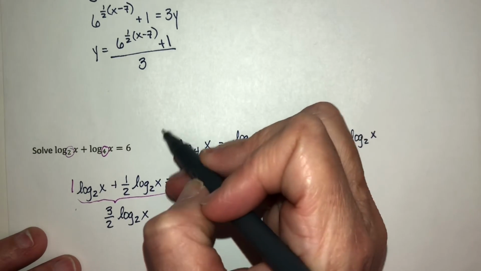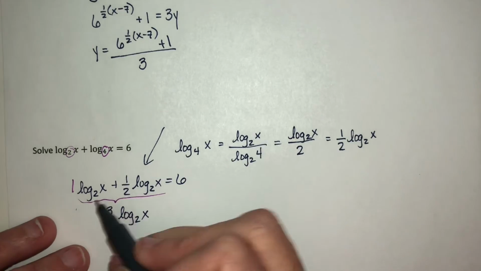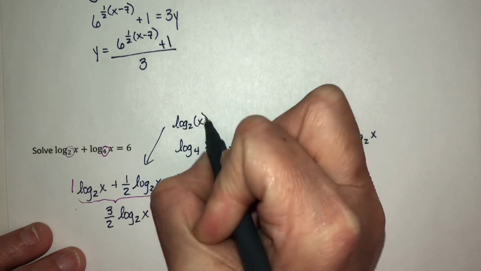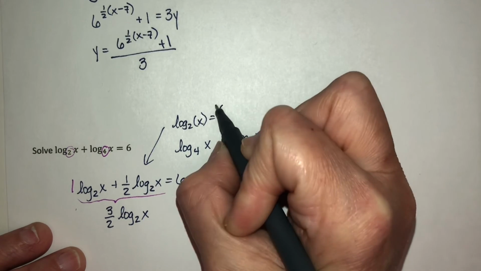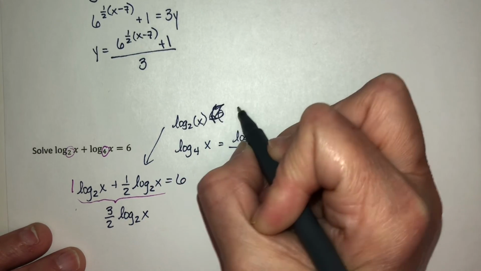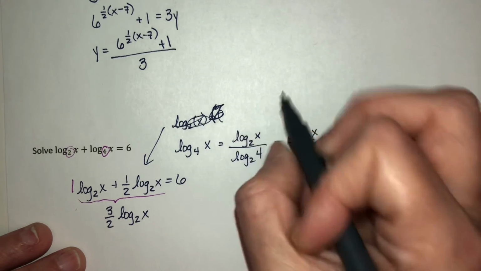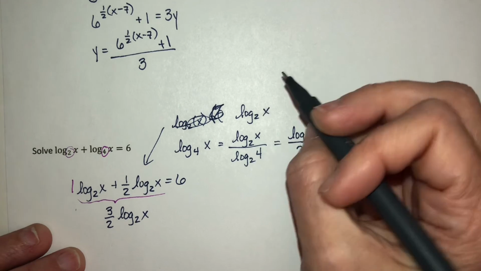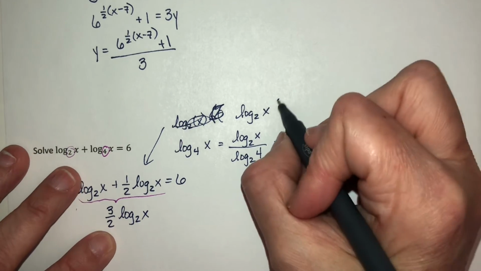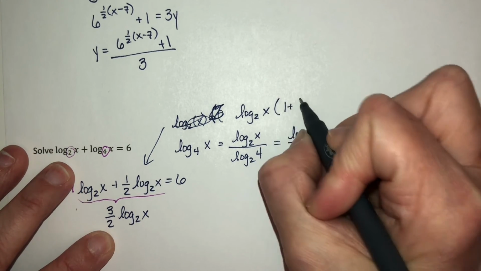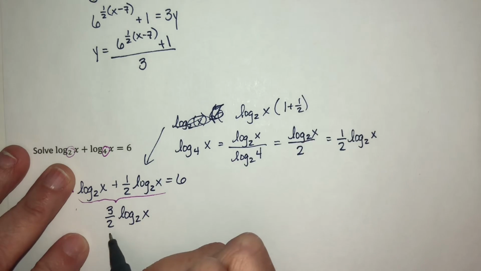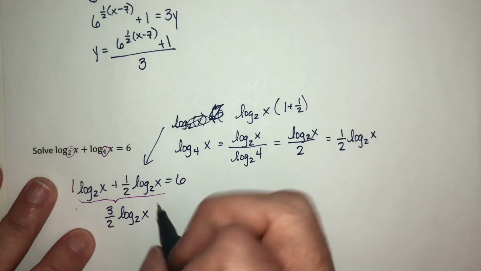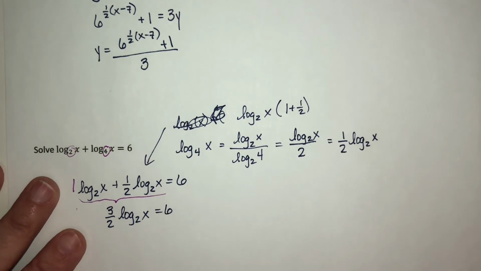Or if it helps you think of it this way, you can think of it as factoring out a log base 2 of x, and you would have 1 plus 1/2, which just gives you the 3/2. Okay, so I have 3/2 log base 2 of x equal to 6.